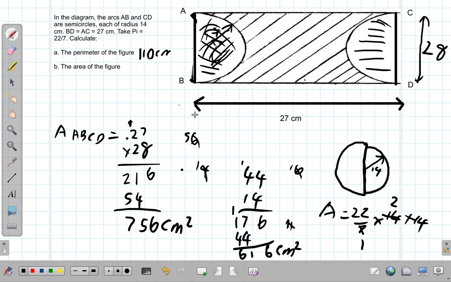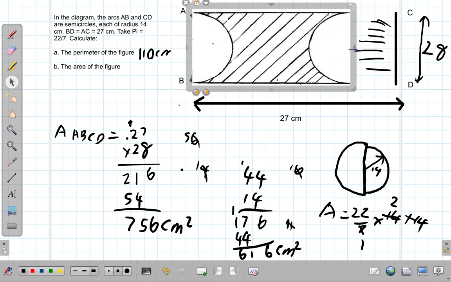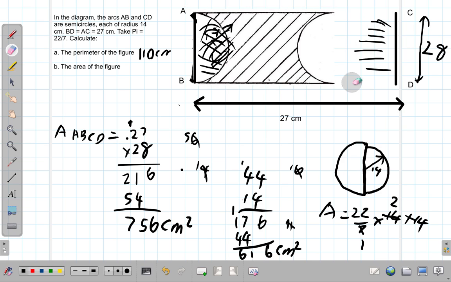Remember, this is not drawn to scale, but I drew this a bit long. This ideally would look closer to this 27. It should really look more like a square. Now that I realize this side is too long, much too long.